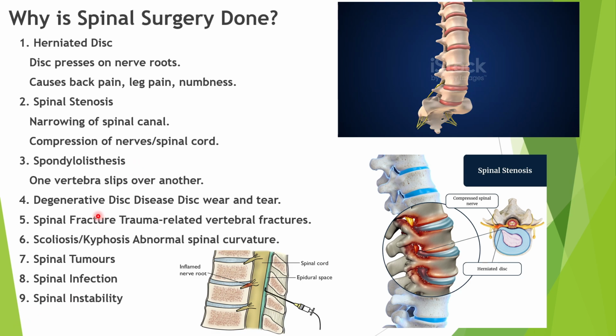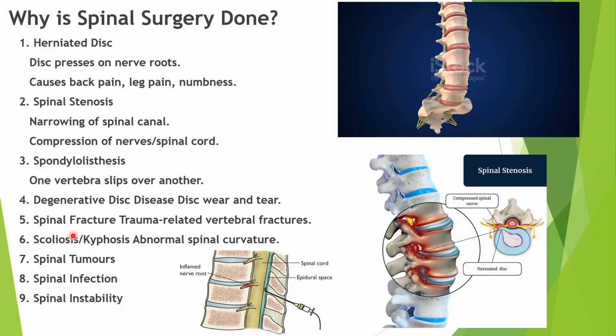And the next, that is degenerative disc disease, wear and tear. So what do you mean by this? The spinal disc wears out and aches and causes chronic pain and instability. Surgery will relieve the pain and stabilize the spine if needed.